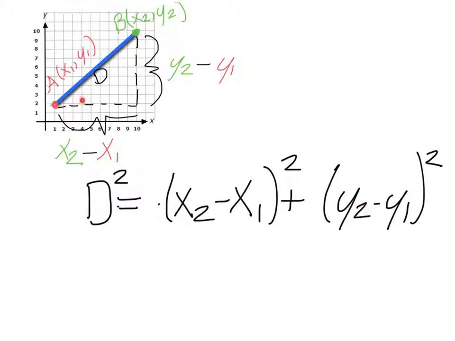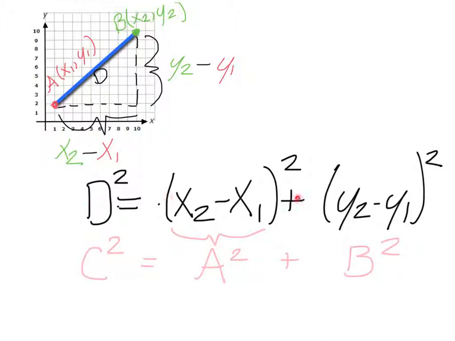This equation uses this information for our graph, our diagram, but it takes the general form c squared equals a squared plus b squared. So all that we've really done is use the Pythagorean theorem.